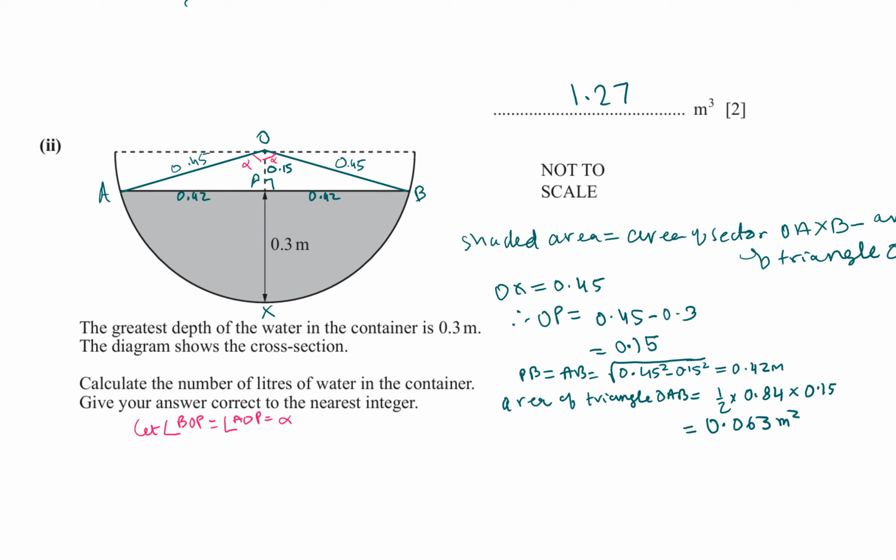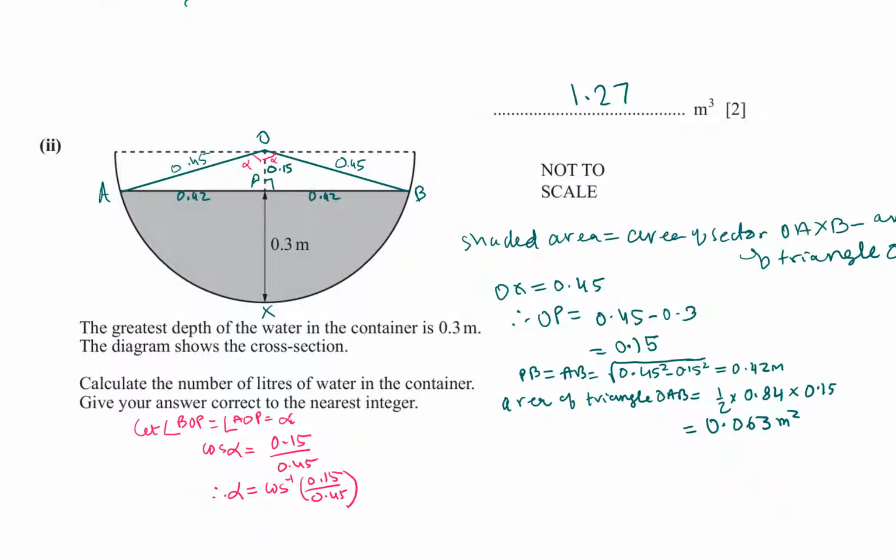So we need to work out what this alpha is. Then I would use cos alpha. The figures given to us are 0.15 over 0.45. So alpha would be cos inverse of 0.15 over 0.45.